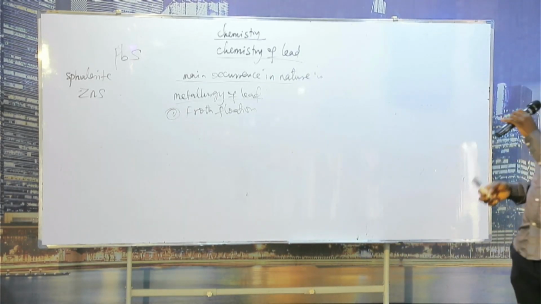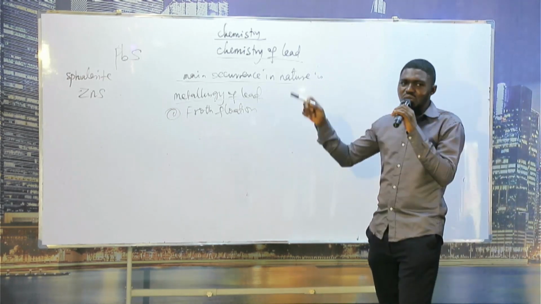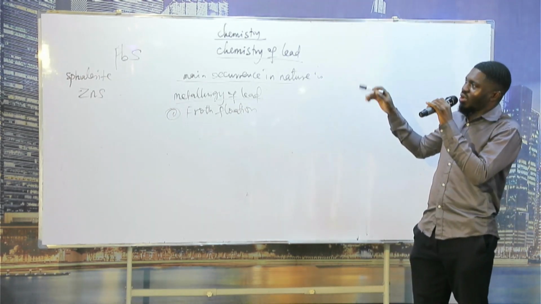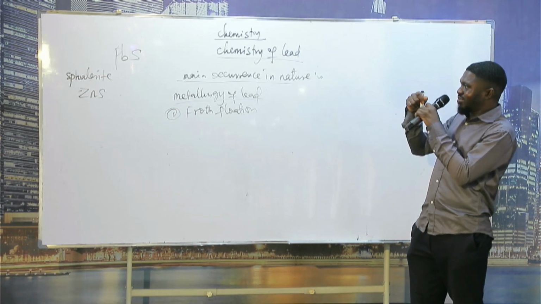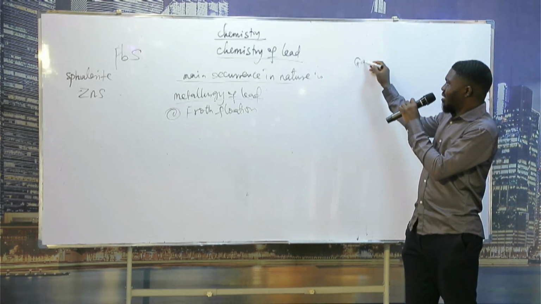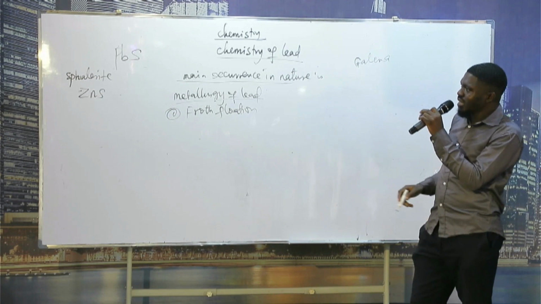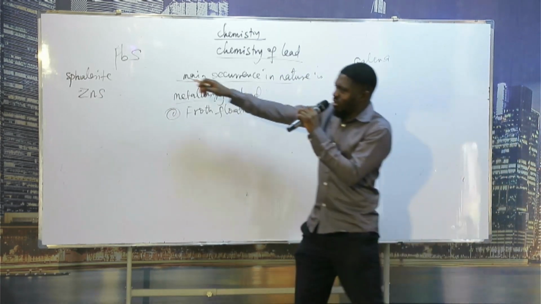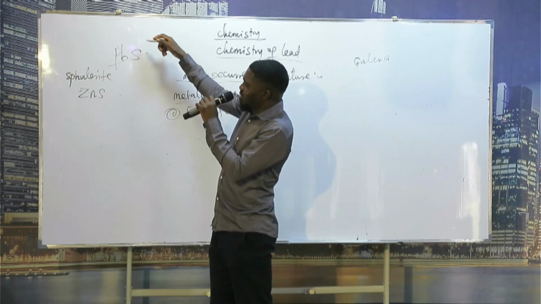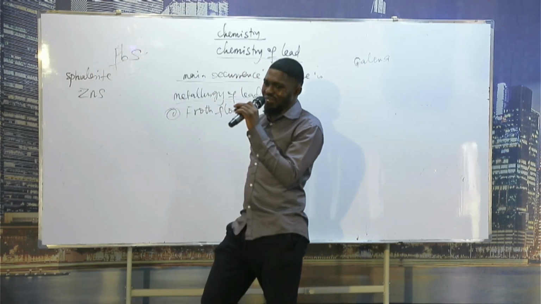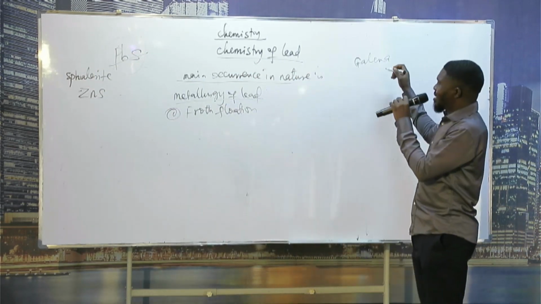Write. Is that right? Now, since you know, like we said, the main ore of lead is galena, right? Galena. And the main component of galena is what? Lead(II) sulfide. Who can tell me the color of lead(II) sulfide? Is it black?